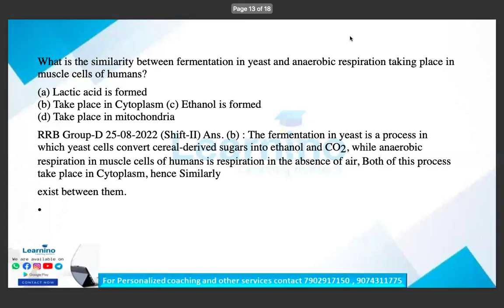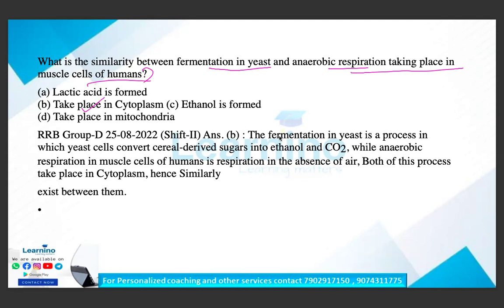What is the similarity between fermentation in yeast and anaerobic respiration taking place in the muscle cells of humans? Answer: it takes place in cytoplasm.